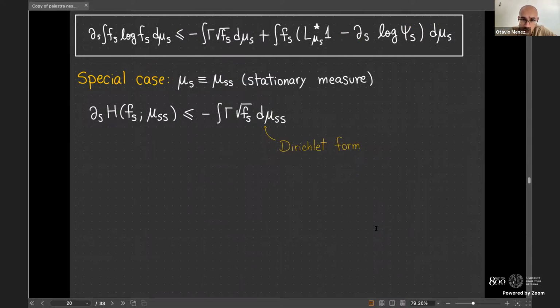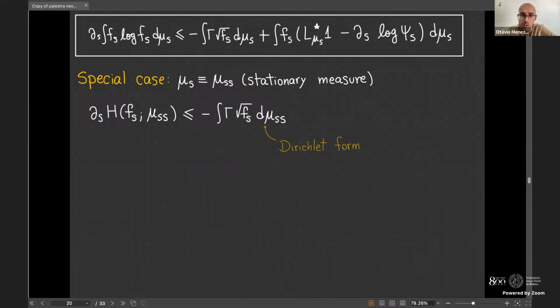When you're doing a stationary measure, the integral of the quadratic operator coincides with what is usually called the Dirichlet form that people use when they state inequalities such as the spectral gap inequality or the log-Sobolev inequality or other inequalities of this type.